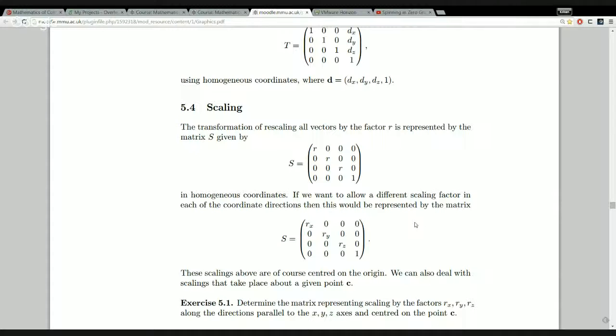Because we're multiplying all the components by -1, they all go out to the opposite side of the origin. Now, maybe you want to get a bit more sophisticated. Maybe you want to rescale by different factors in the x, y, and z directions. Well, that can easily be achieved just by varying the scaling factor r, the particular value in each of the columns.